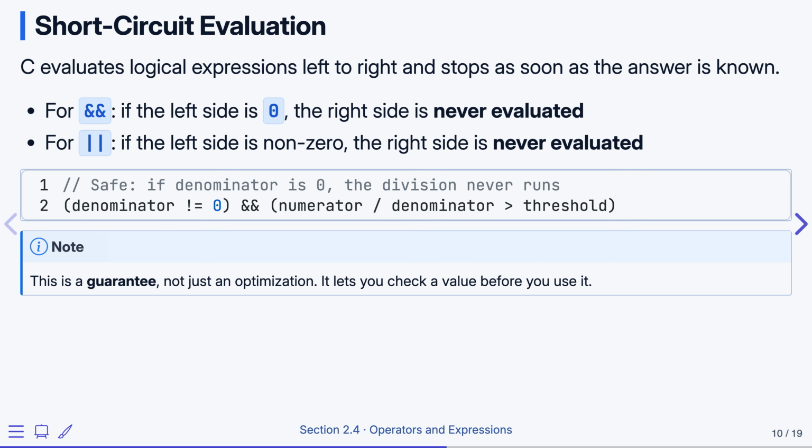For OR, if the left side is non-zero, the whole thing is already true, so C skips the right side. Look at the example. First we check that the denominator is not 0. Only if that is true does C evaluate the division, so we never divide by 0. This is a guarantee you can rely on, not just in optimization.